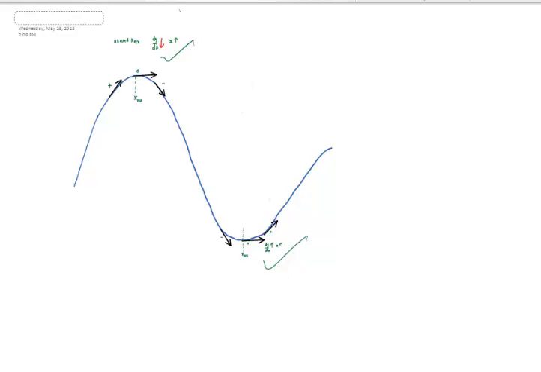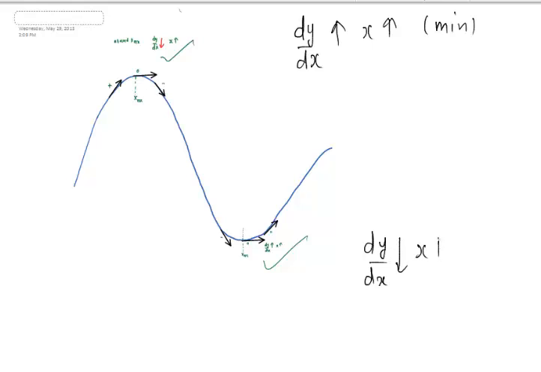So if dy by dx increases with x, which happens around a minimum, and dy by dx decreases when x increases around a maximum, let's try to put this condition mathematically.